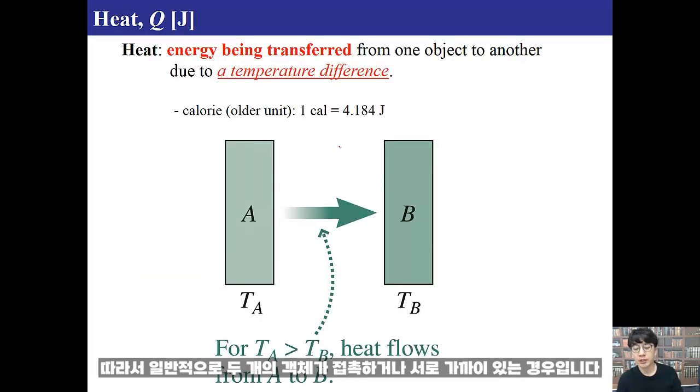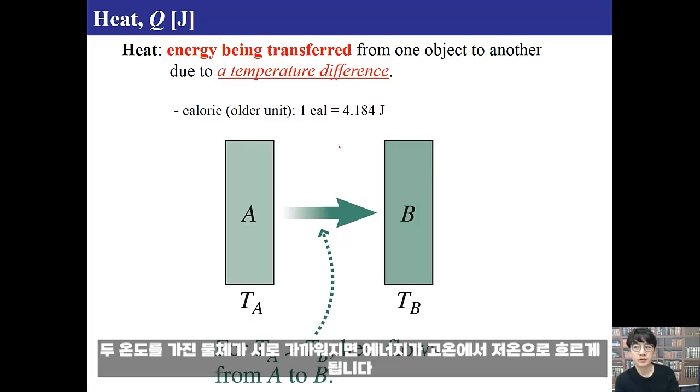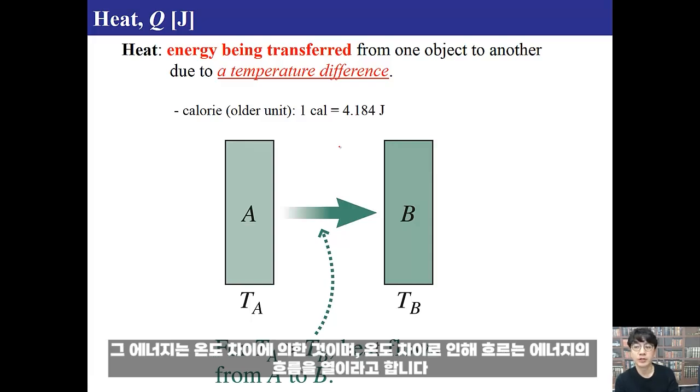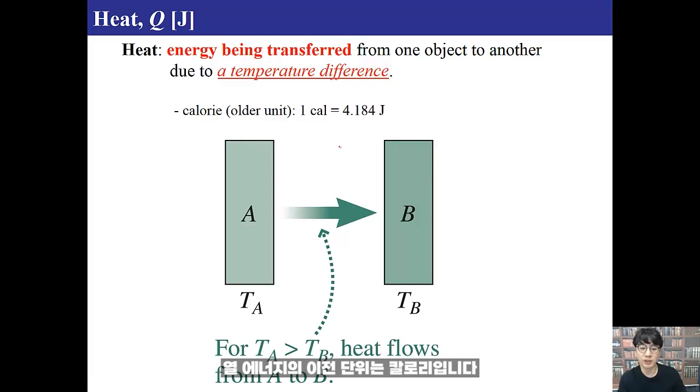Usually if two objects at different temperatures are in contact or close together, then energy flows from high temperature to low temperature. That energy is due to the temperature difference. Energy that flows due to temperature difference is called heat. An older unit of thermal energy is the calorie. One calorie is 4.18, around 4.2 joules.